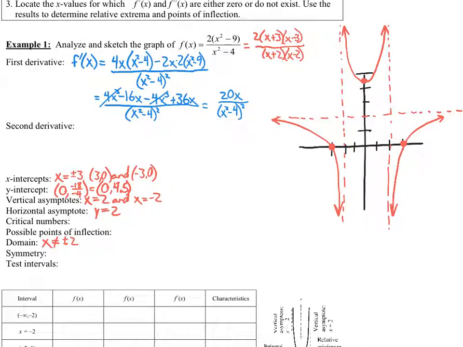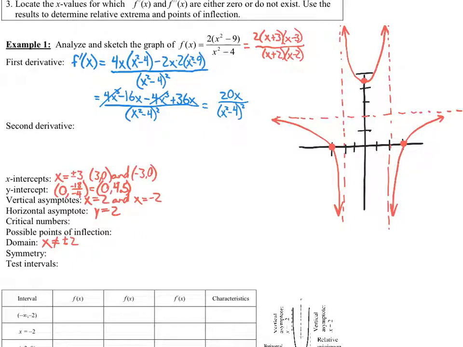Now, what do we get from our first derivative? Rate of change, slope of the tangent line. What features of a graph are we getting? Critical values when it equals 0.